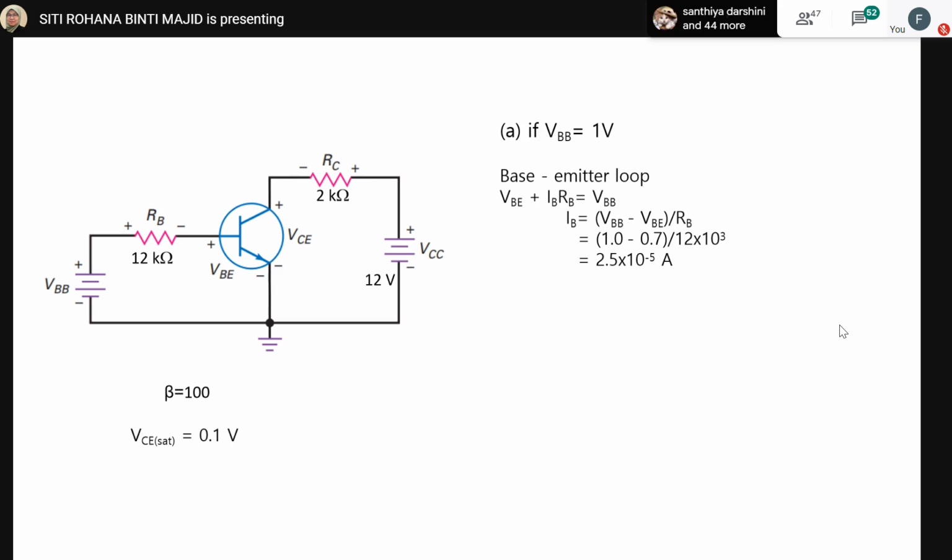For the first set of questions, we set VBB equal to 1 volt.